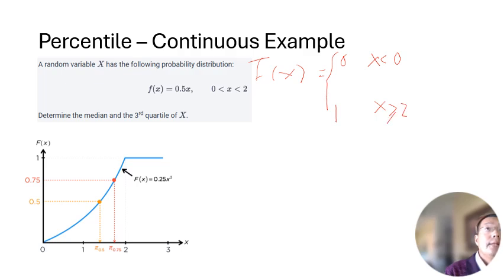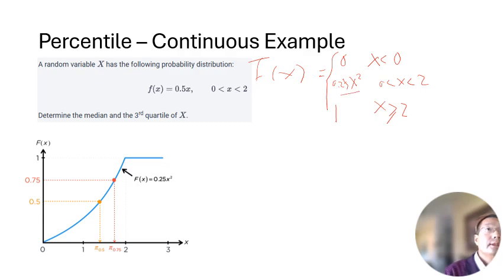Now the middle part, the CDF for this continuous random variable is just the integral of 0.5x. So the integral of 0.5x is 0.25x squared. So if x is in this interval, this is the CDF.